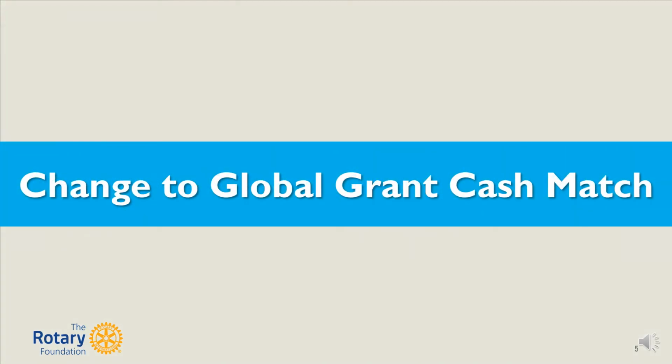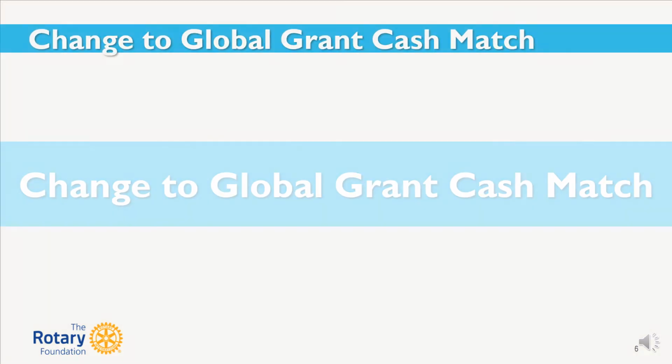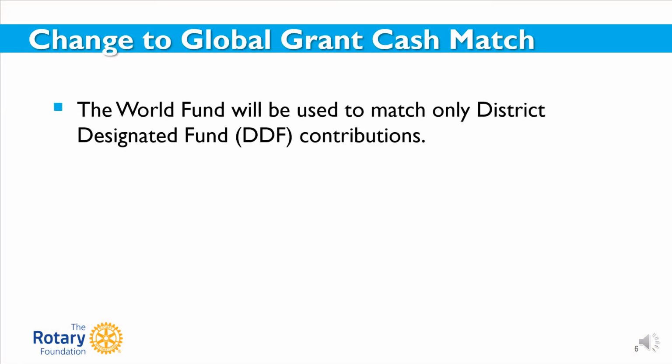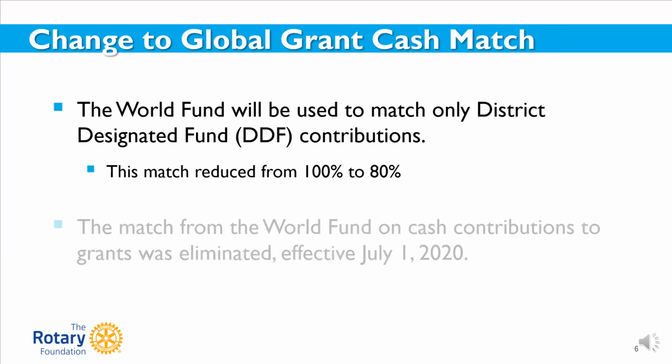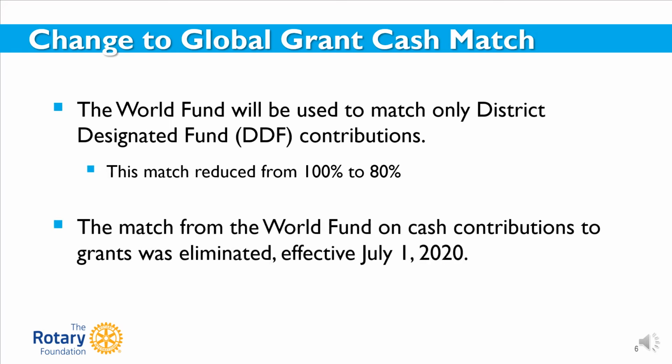Let's review a recent major change that was made to the Global Grant Program. An important change was implemented to global grant funding in July 2020. The Global Grant Program has been very successful and has grown at an incredible pace since it was first launched in 2013.